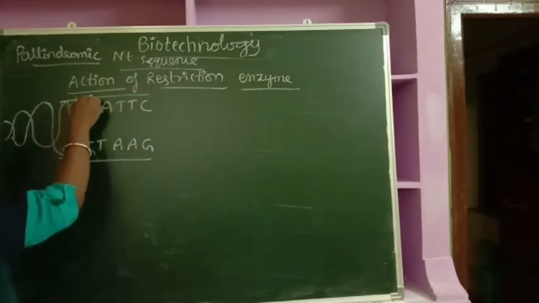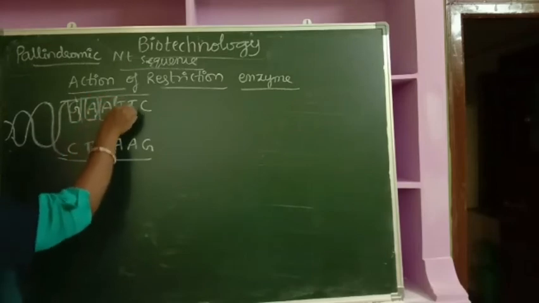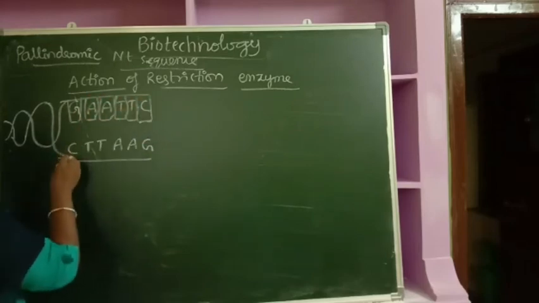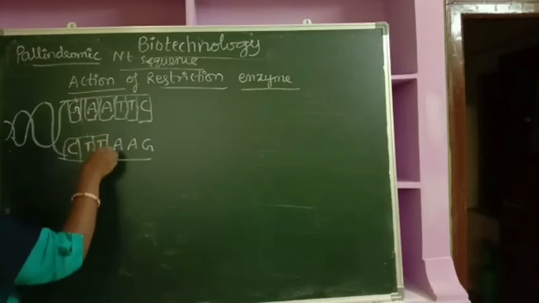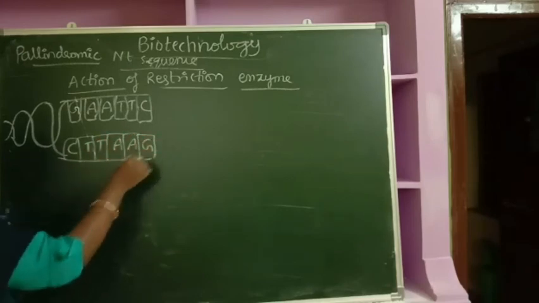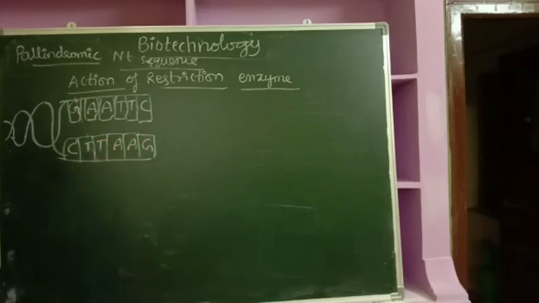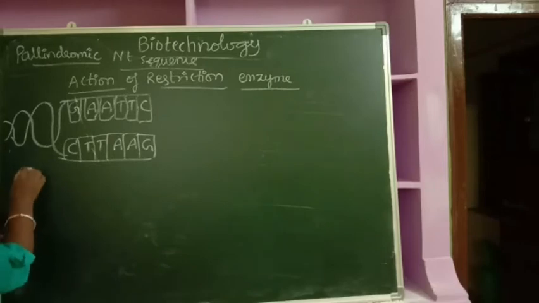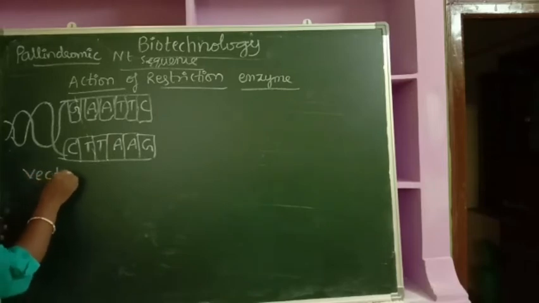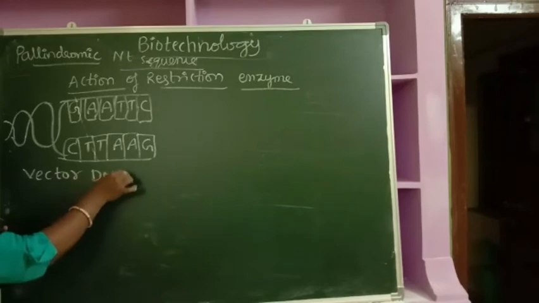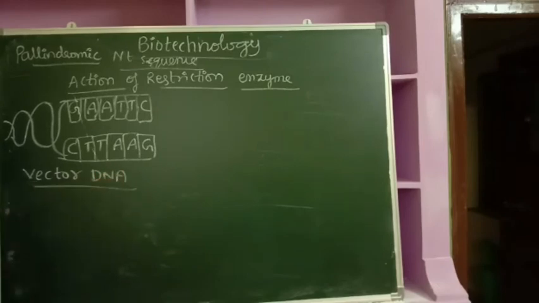This is how it looks, these nitrogen bases are present. Imagine this is a vector DNA.